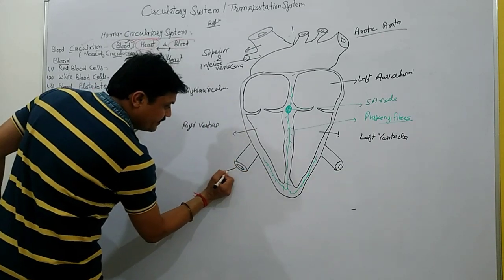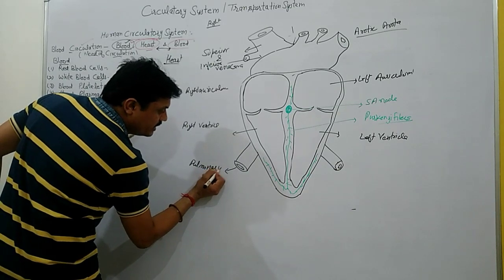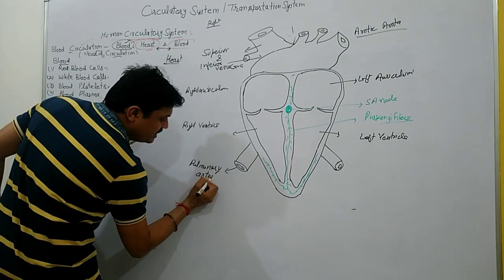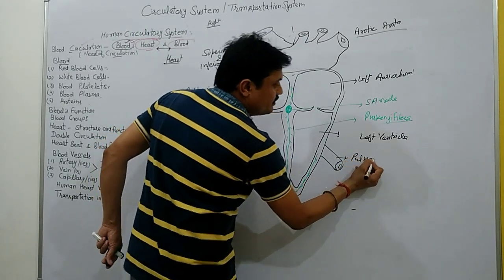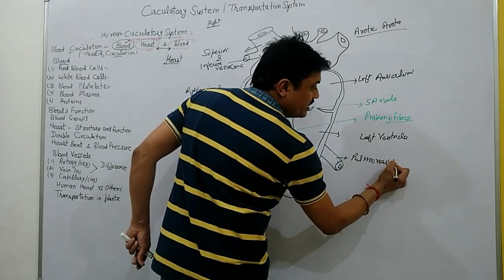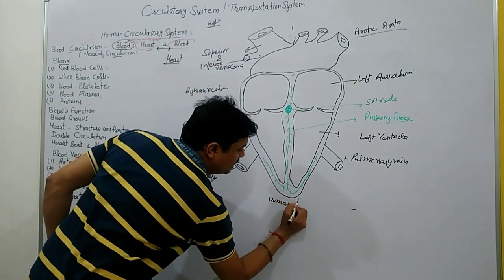It is the pulmonary artery, and it is the pulmonary vein. It is the human heart.